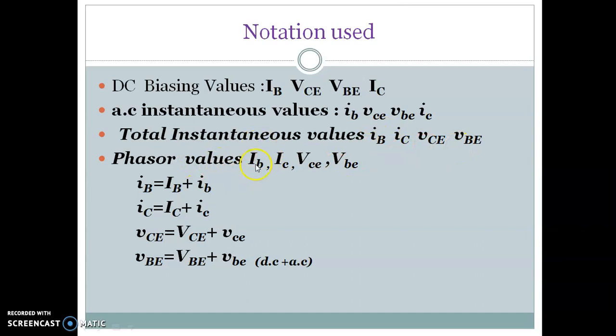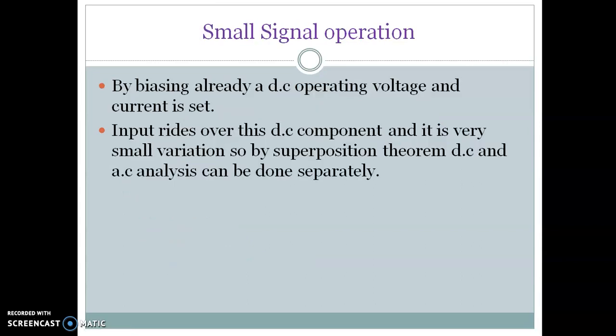The phasor values use capital letters for the current and voltage, and small letters as subscripts. The total instantaneous value is nothing but the DC plus the AC quantity, so at any point the value is DC plus AC.